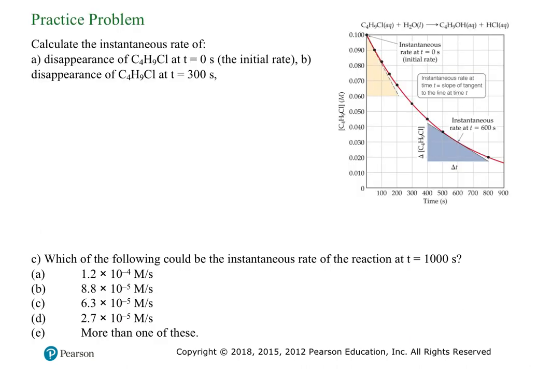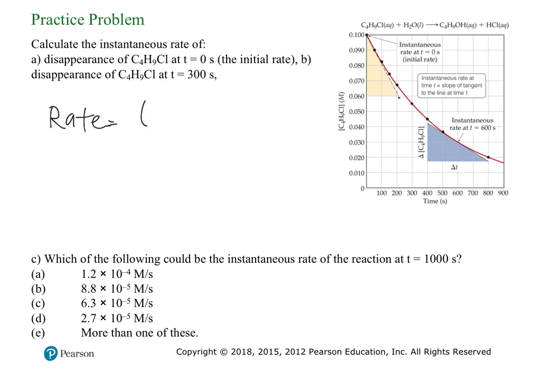Doing the same thing here at time 0, they have this nice little tangent line for us, so we could use anything on that slope of the line. So let's find the rate. Let's use the point 210 here, which is where it exactly hit the 0.06 mark on concentration, and 0.